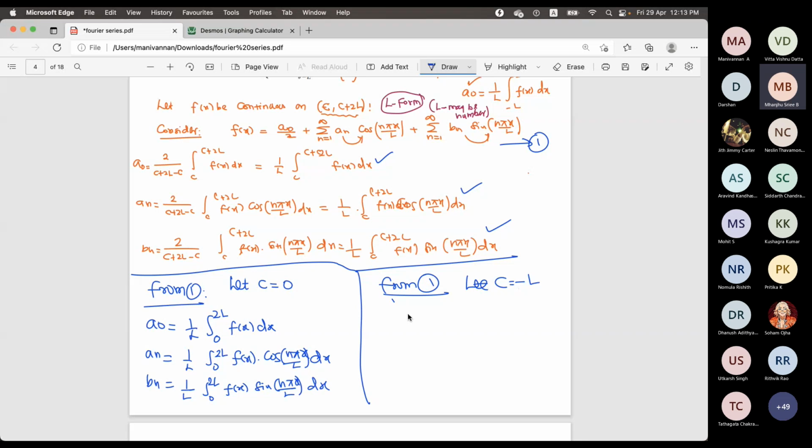Minus L to L, f of x sin(n pi x / L) dx, with 1 by L. All are the same. Here it is n pi x by L into dx, and here it is f of x. A_n means cosine, b_n means always sine. Remember that. Only the limits change: it is minus L to L. Is it clear?